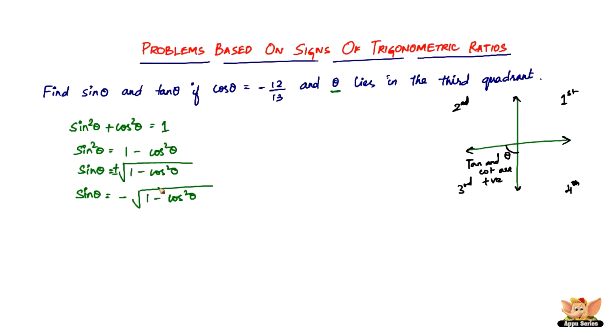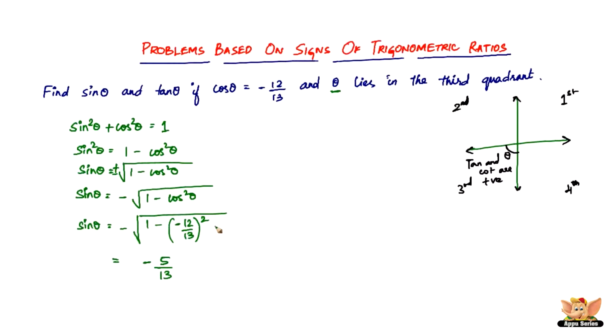Right? So now let's substitute the value of cos theta in this. We get sine theta equals negative of root of 1 minus 12 by 13 the whole square. Now if you solve this, you're going to get minus 5 by 13.